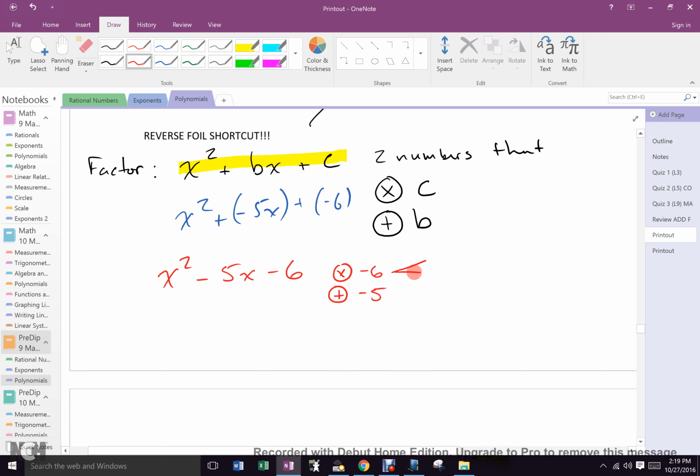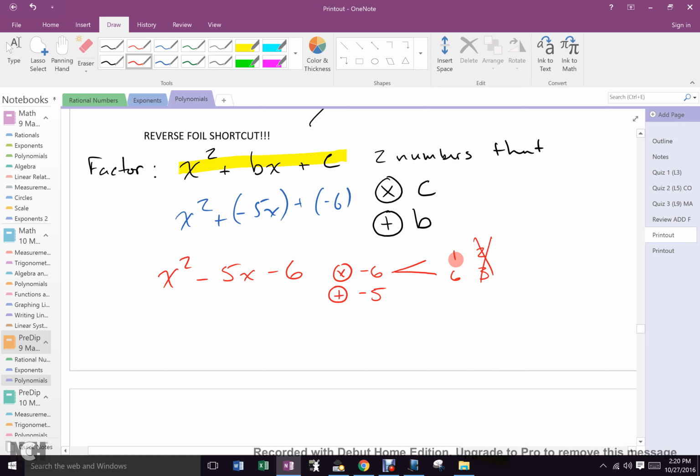Negative 1 and 6, and 2 and 3. Both of them will get me to 5 in some way, won't they? 2 plus 3 or negative 2 minus 3, right? Well, negative 2 minus 3 will get me negative 5, but negative 2 times negative 3 will not get me negative 6, will it? No. So that's out.